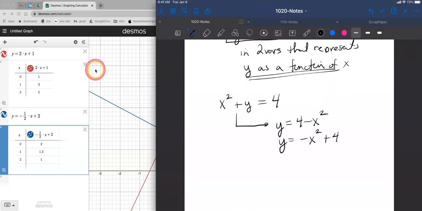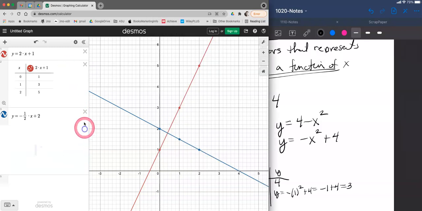If we were to look at some solutions to that equation, we can see that when x is equal to 0, y is equal to 4, and when x is equal to 1, we'll get y is equal to -1 squared plus 4, otherwise known as -1 plus 4, which is equal to 3. So we have two solutions to that equation.